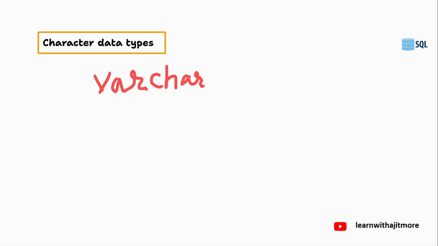The advantage of char is that as they all are of the same length, retrieval is faster. But the disadvantage is that the remaining places are filled with, what is the leftover space padded with? Spaces. So there can be wastage. But varchar means variable character. In this, it will take only as much space as is needed. Though you have given a maximum, like we gave varchar 20, if your value is Pune, which needs only four characters, it will take four only.